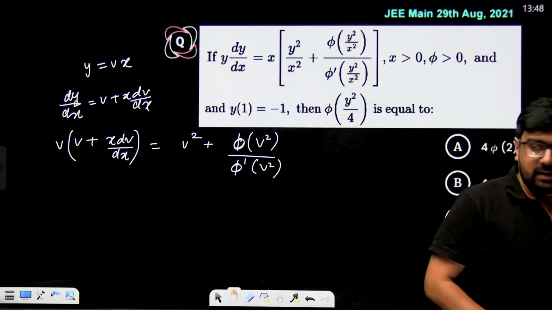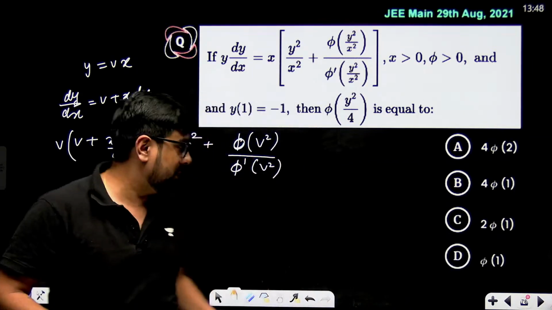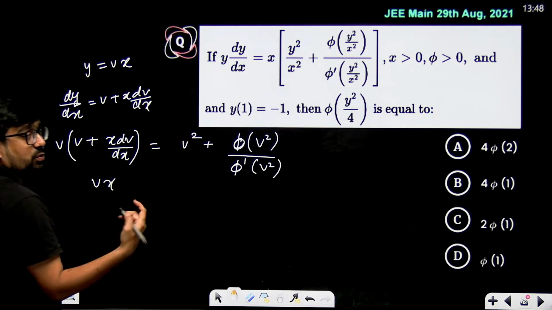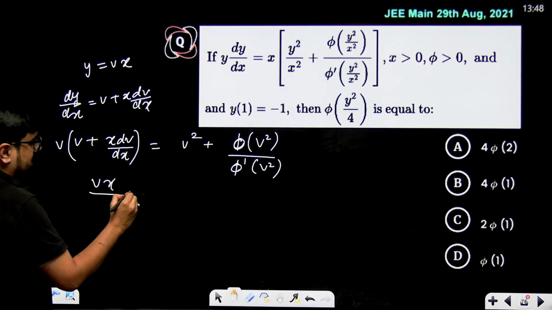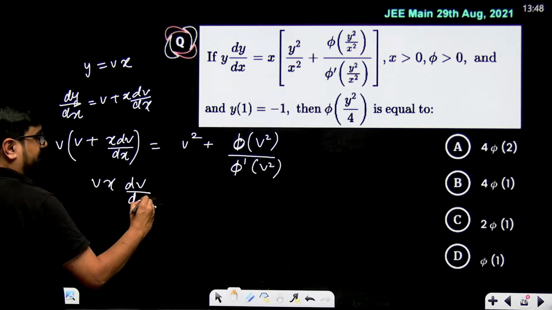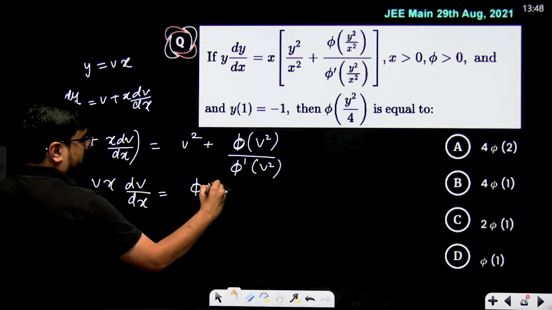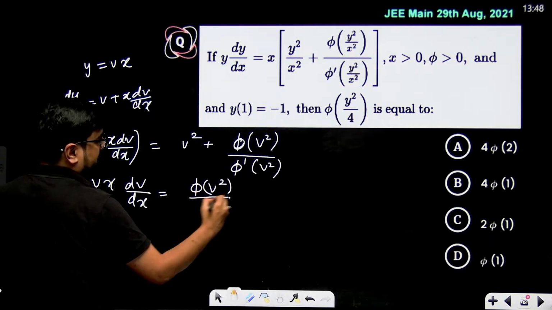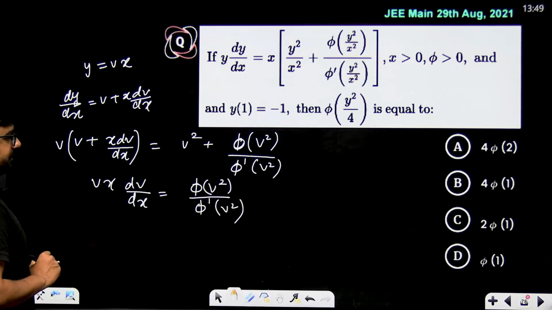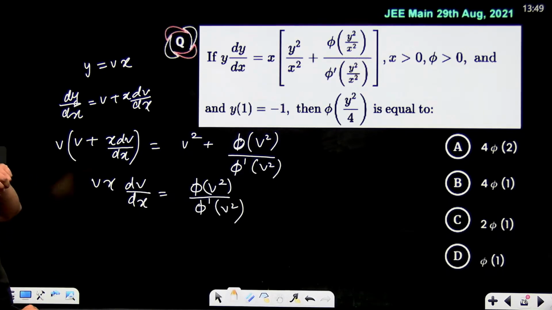Okay, vx will put, no problem. See, this v square and this v square will get cancelled. So vx dv by dx equal to, let's write one more step, phi of v square by phi dash of v square. Now we can integrate on both sides, because we have v dv and x by dx.